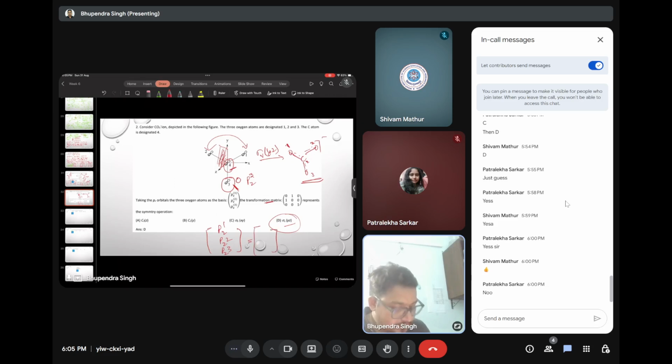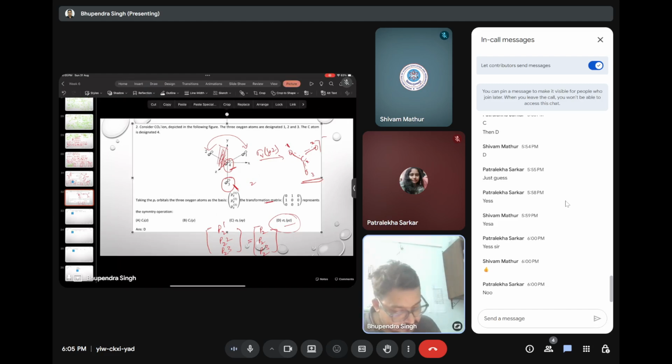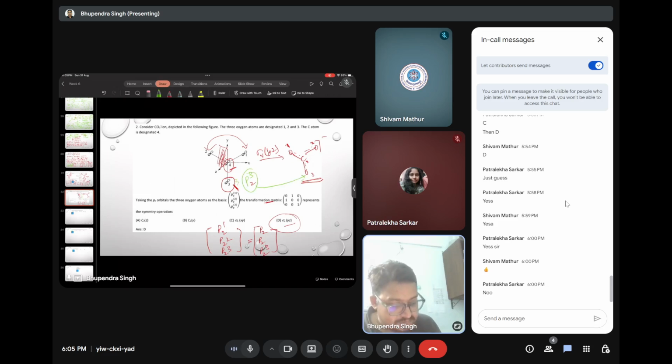Now PZ3 is not changing. This atom is not changing, so the new basis stays PZ3 only.